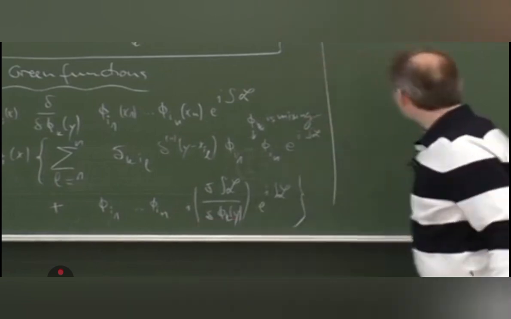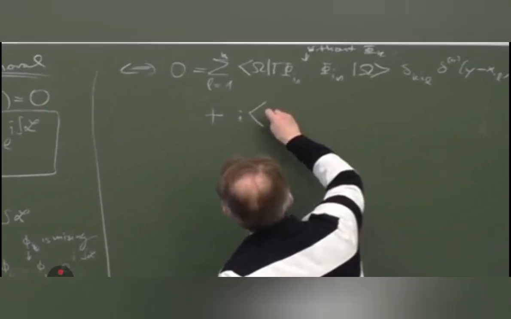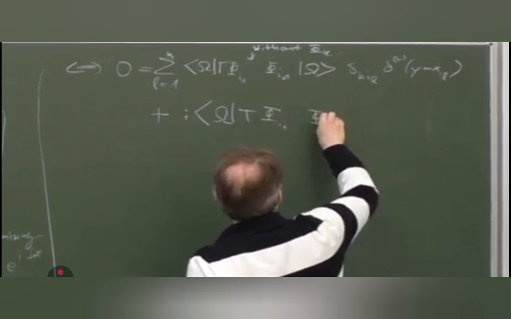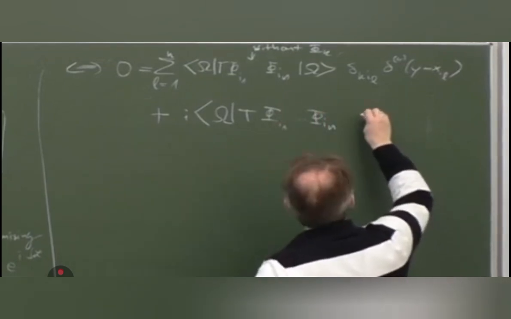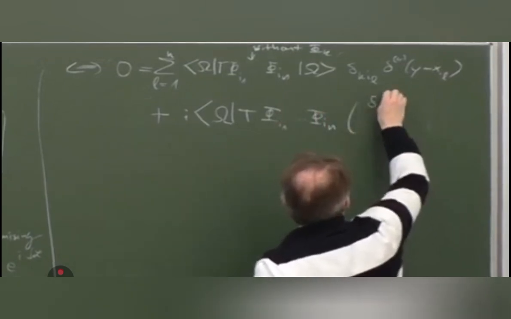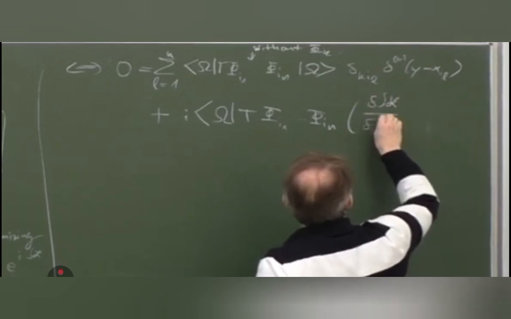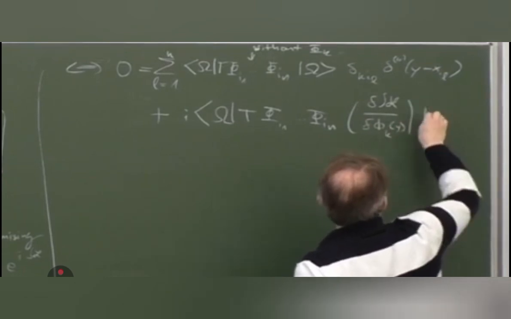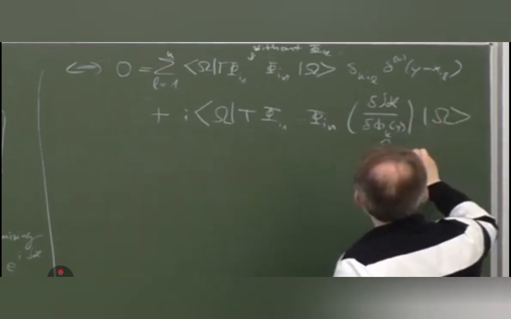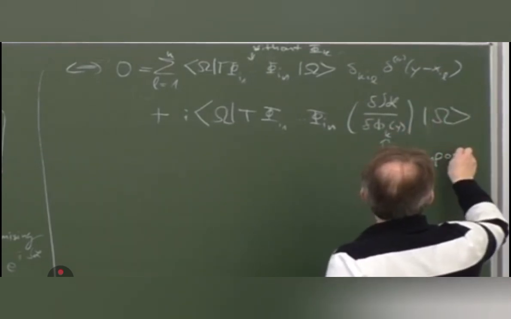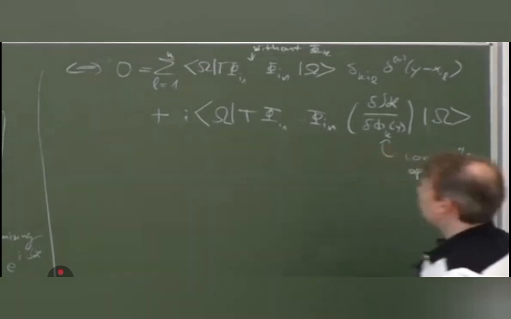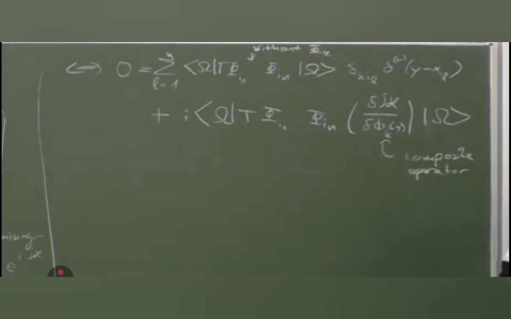Let's write it down: the time-ordered product of all these field operators, phi_{i_1} up to phi_{i_n}, times this composite operator which arises from the functional derivative with respect to phi_k at position y, interpreted as a composite operator. That's the Dyson-Schwinger equation.